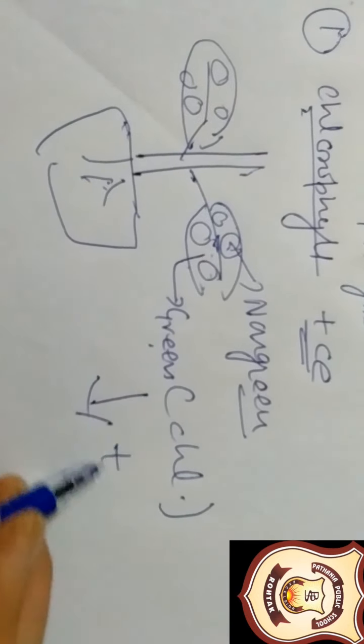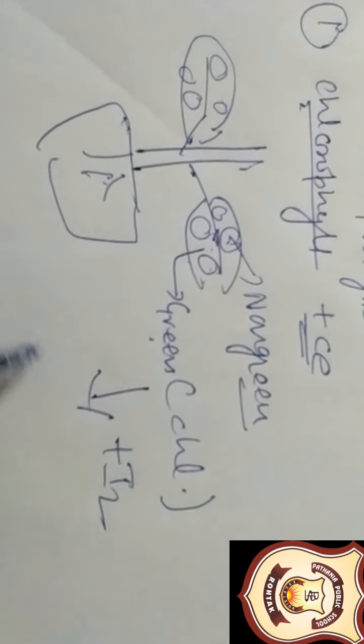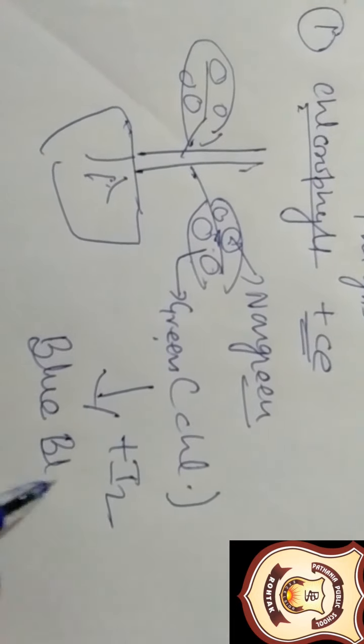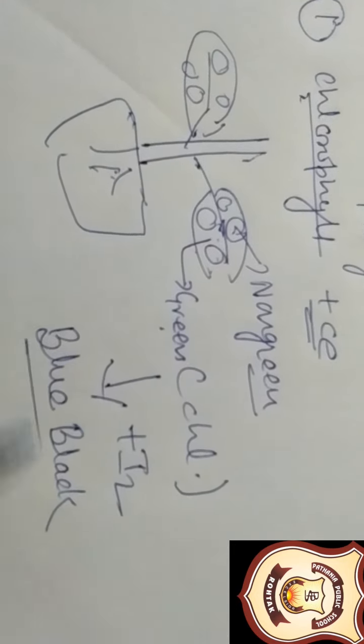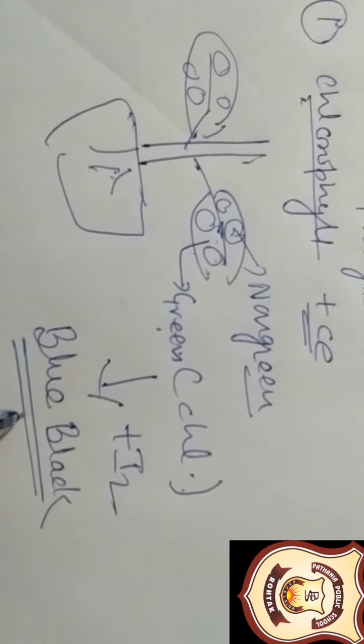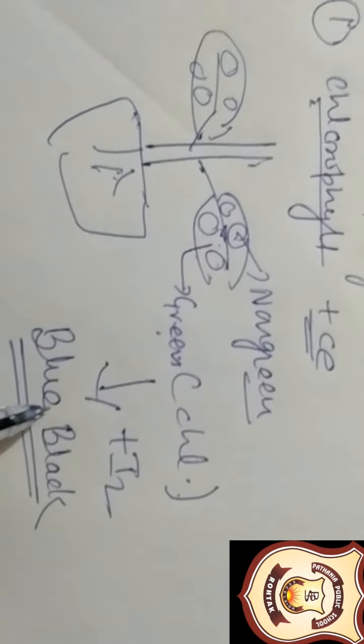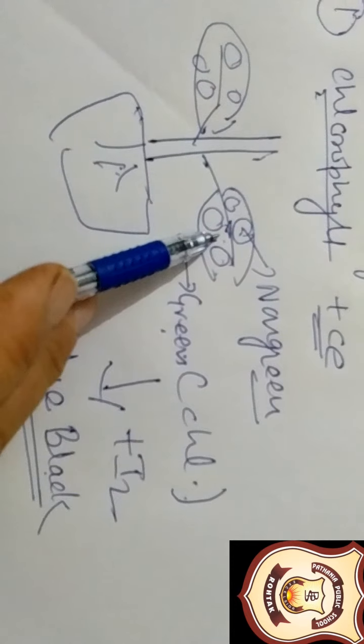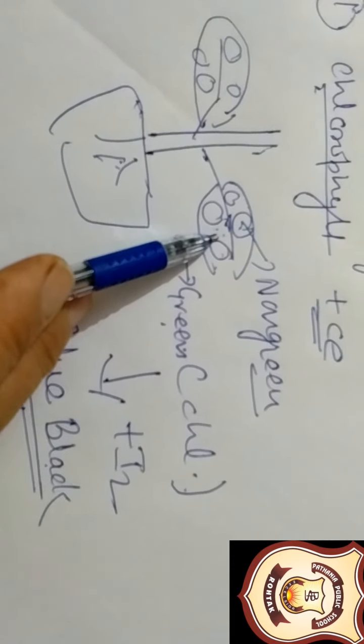So when it is tested with the iodine solution, this part will turn blue black. So it shows that chlorophyll is required in the process of photosynthesis, because it will turn blue black only in the presence of starch, and starch is formed by the process of photosynthesis only.